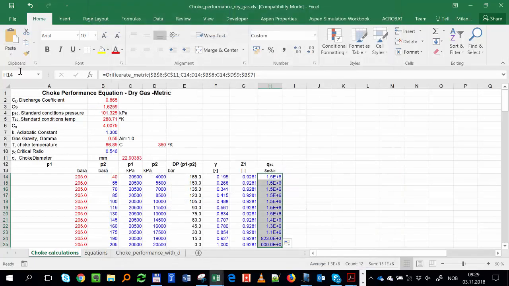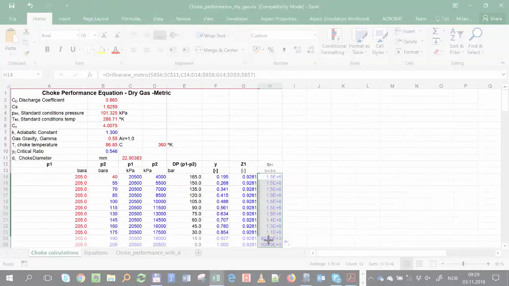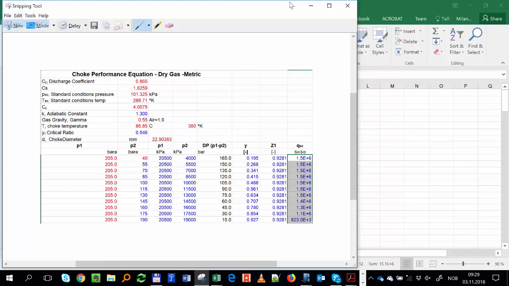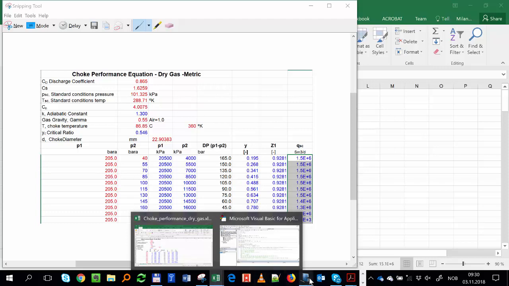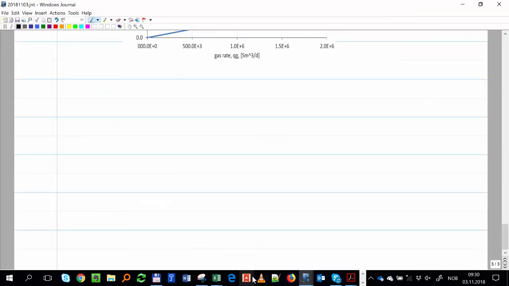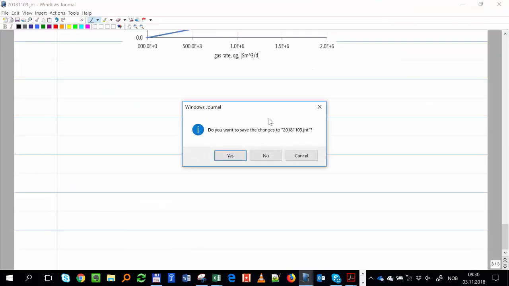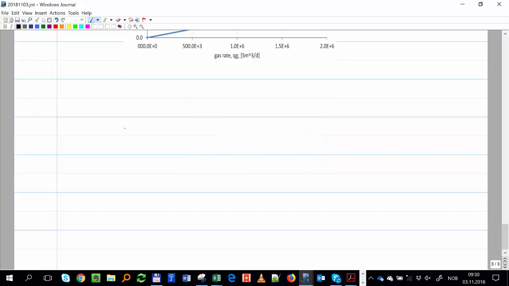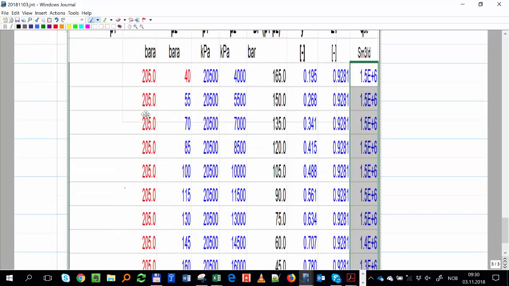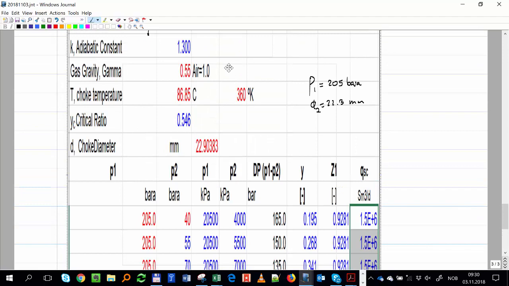Okay, so I ask you, does it work to get the rate that I want from the well or not? Remember the well that we are dealing with? Let me close that. No, cancel. Let me just copy that here.